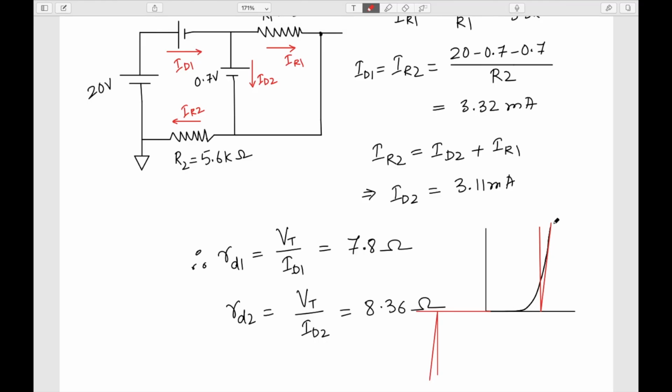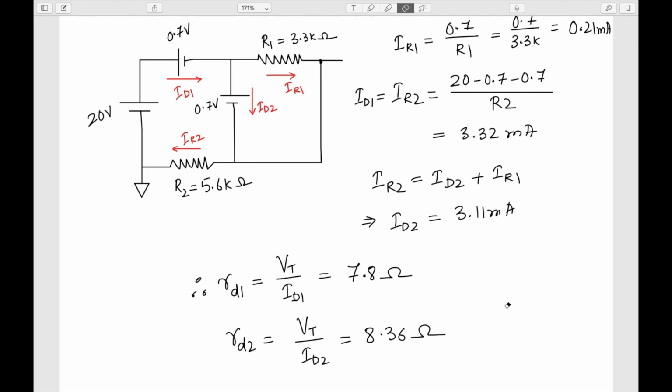This can also be done for this diode, but generally because the voltage variation is very small, it's around 0.7 only in case of the diode, approximating just with a straight line, without having a resistance here, makes things much simpler. Okay, so with this, we will end the discussion on the small signal analysis for the diodes.